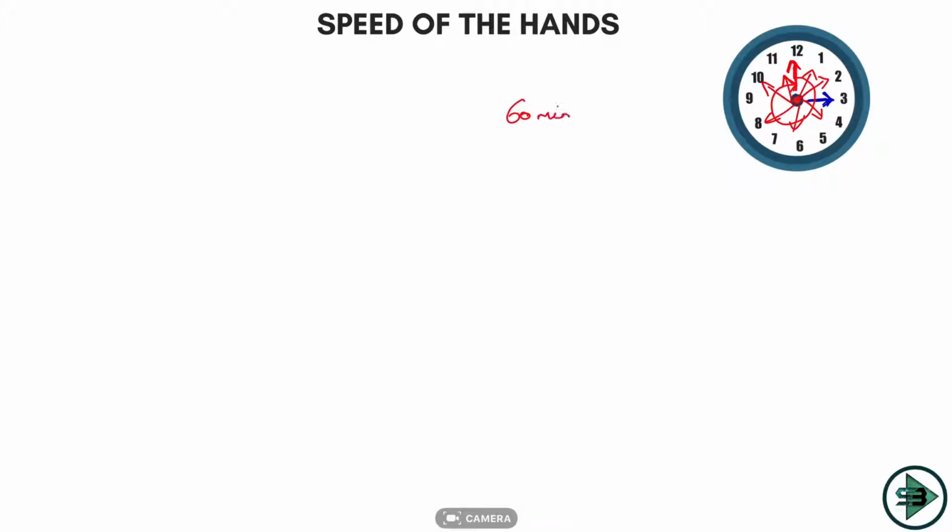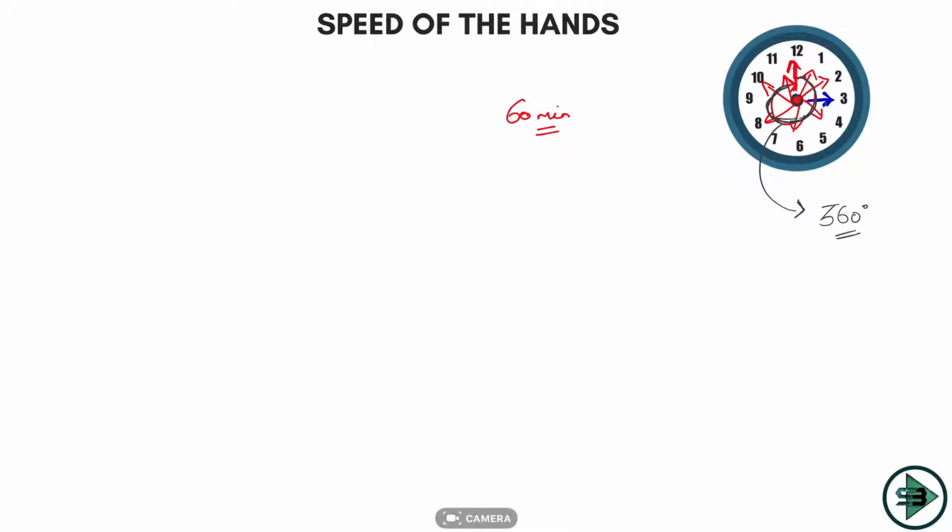In 60 minutes, it will come back to its position. Now, the next question I ask you is, in this 60 minutes, what is the angle traveled by this hand of the clock? This entire angle. That is nothing but 360 degrees. We can easily see it here.